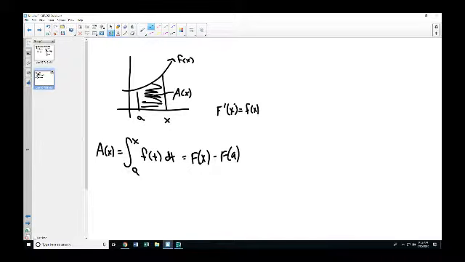What you end up with is the antiderivative of f at t evaluated from a to x, right?